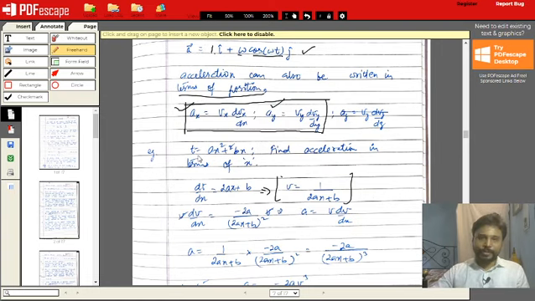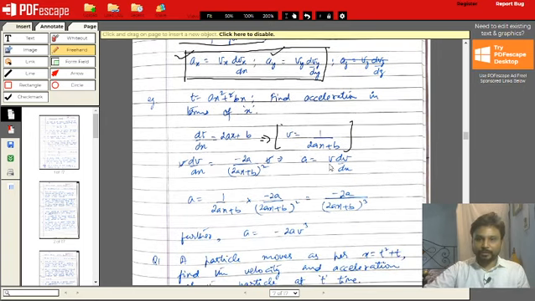Acceleration is v dv by dx. So what we are doing here is that we now multiply the velocity with what we have differentiated. The velocity is 1 upon 2ax plus b, and what we have differentiated is minus 2a upon 2ax plus b square. Combining these two expressions, we get minus 2a upon 2ax plus b cube.